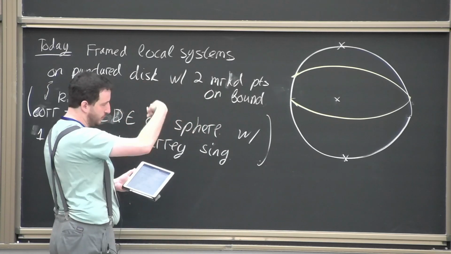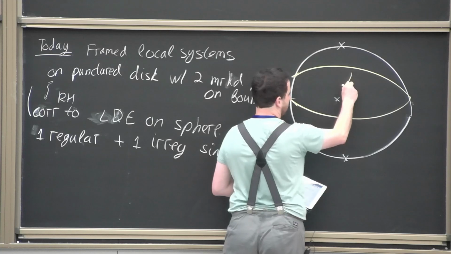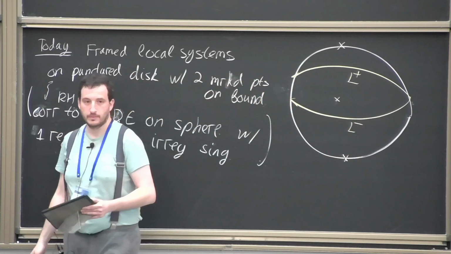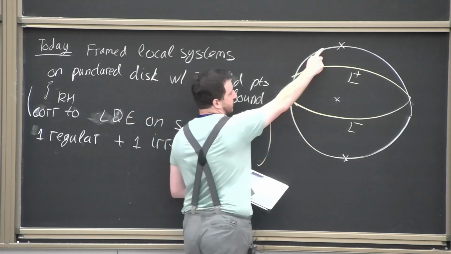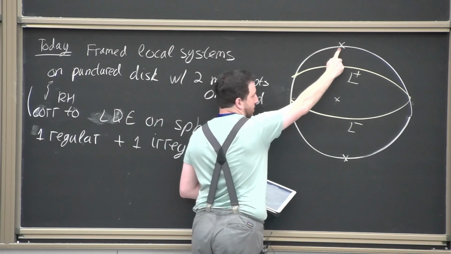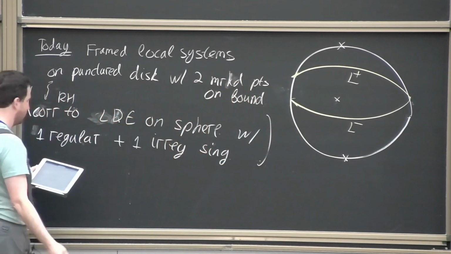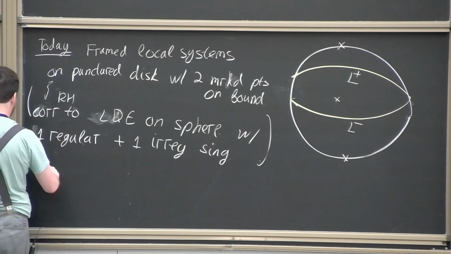If we compute the parallel transport, we obtain two matrices, and I denote them by L plus and L minus. Why have I denoted them like this? Because of this framed structure, the fact that we have fixed flags or Borel subgroups here and here, it follows immediately from the definition that both of these matrices are triangular.